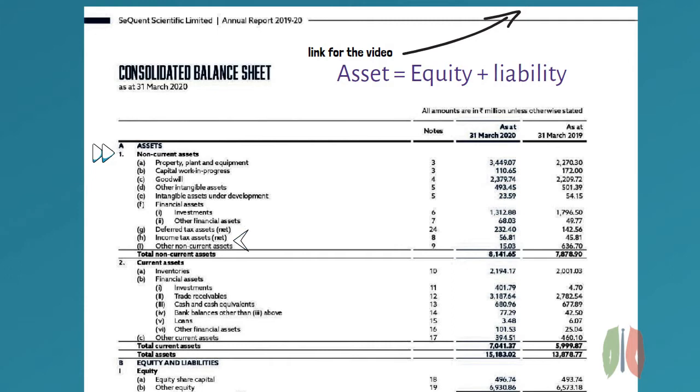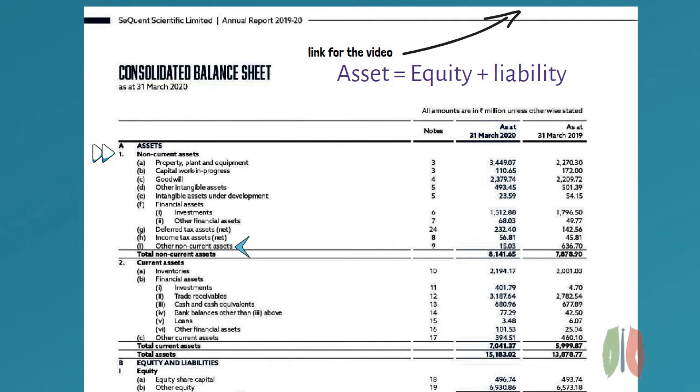The next, other non-current assets part. These are capital deposits and deposits with government securities. If you are starting a company or have a company, you should have some deposits and securities with government authorities, because of environmental clearances, the fire department, etc. So these security deposits and capital deposits with government authorities will come under this other non-current assets part.